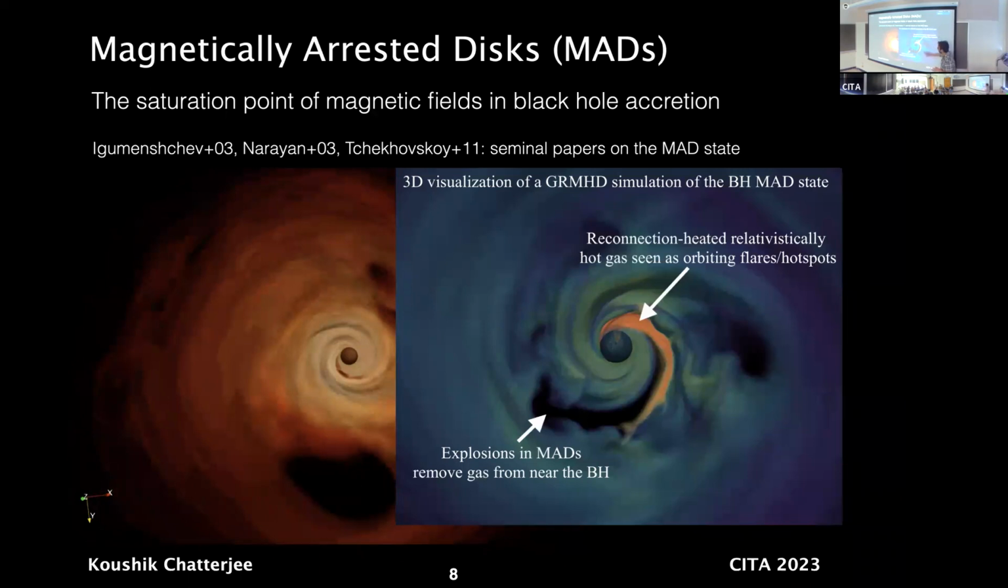So we can do things more consistently there. But my feeling is that you really need local box simulations to understand what the emission would be from there.